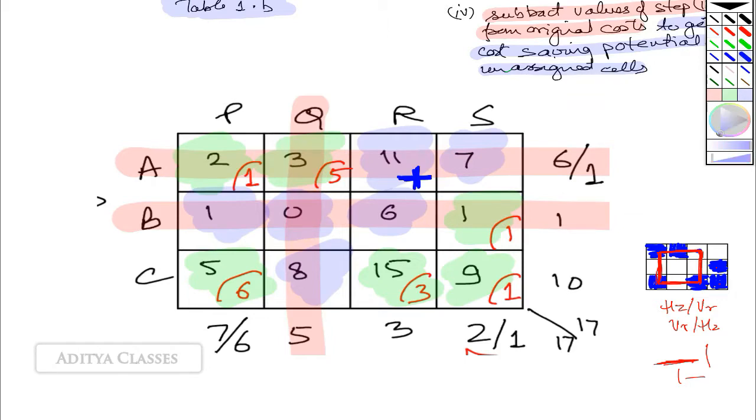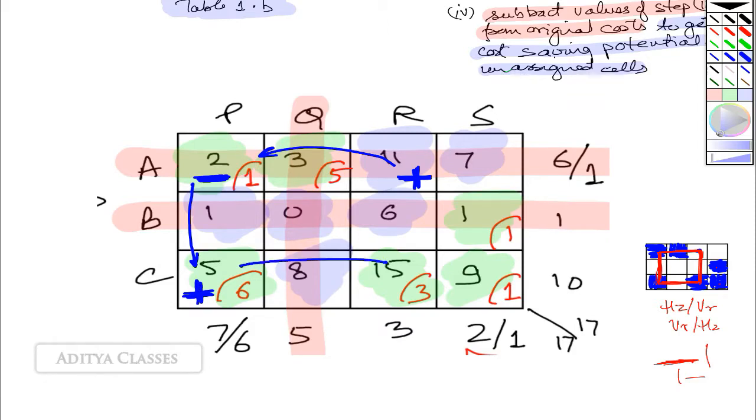I started my journey with a plus sign. Where am I stopping? I am stopping at this point. I am jumping here, so I'll put a minus sign over here. Horizontal move. From this horizontal, I am making a vertical move. I'll put a plus sign.